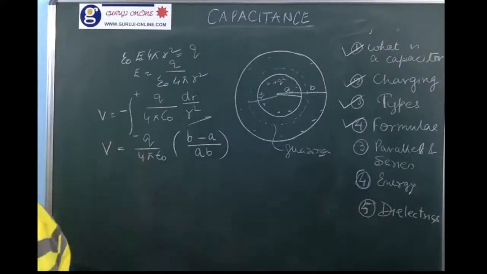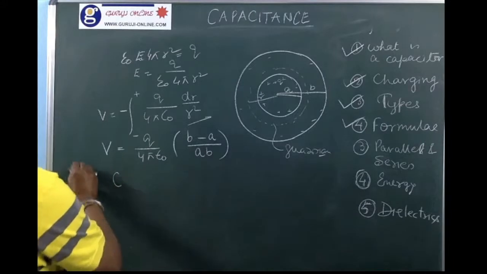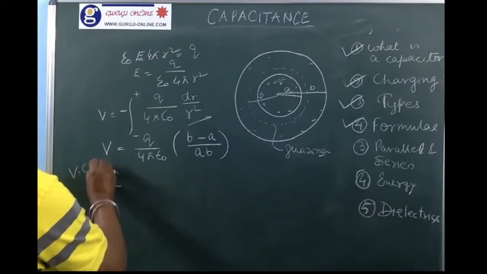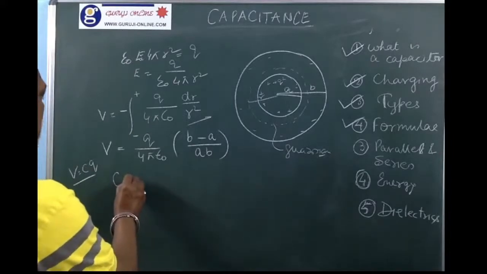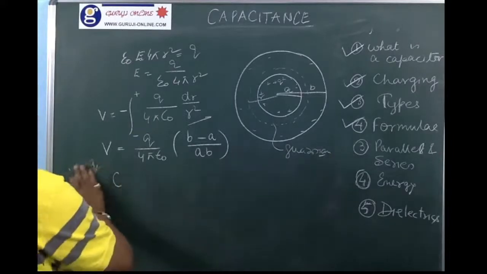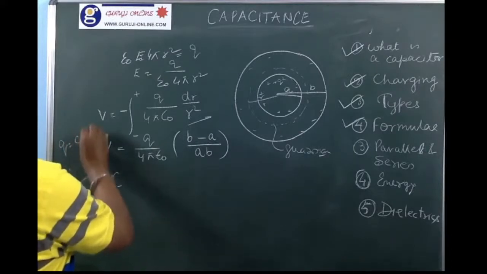From here, what will be your C? Naturally Q is equal to CV.